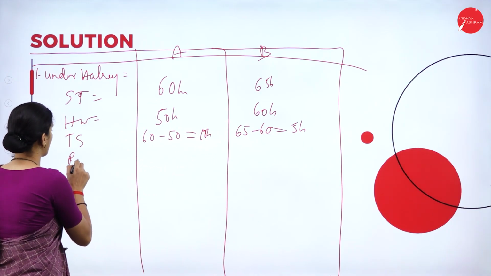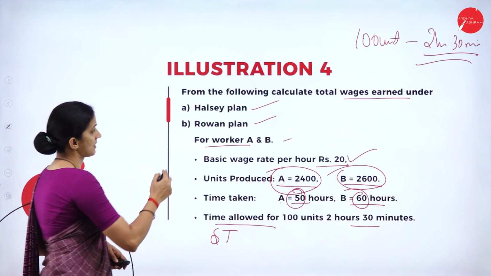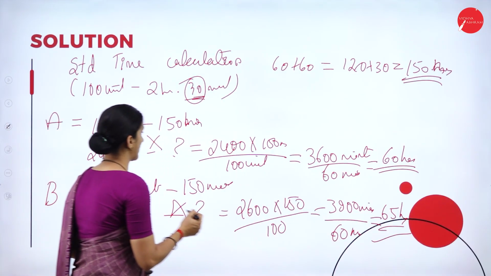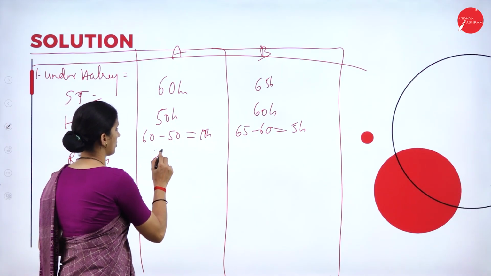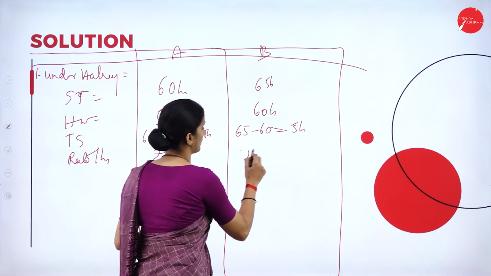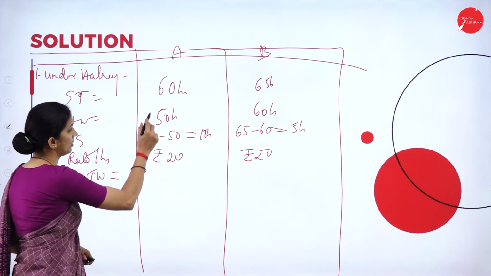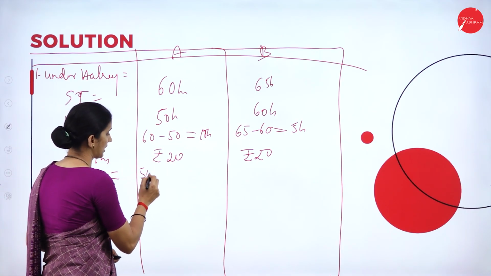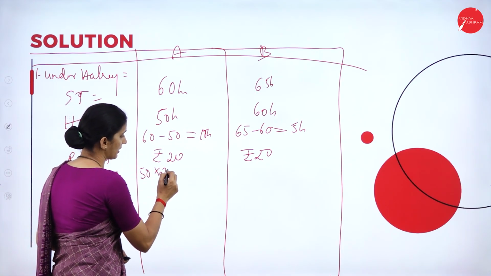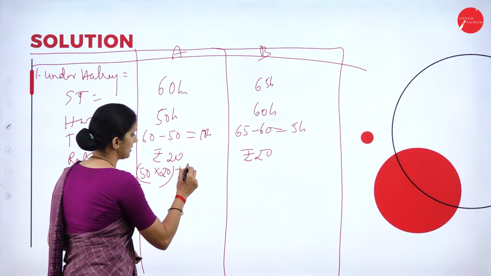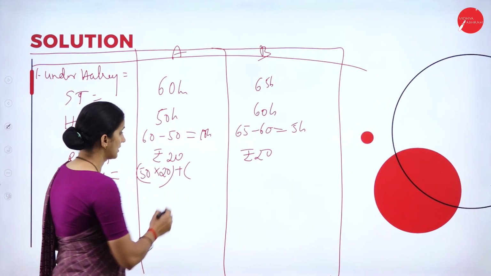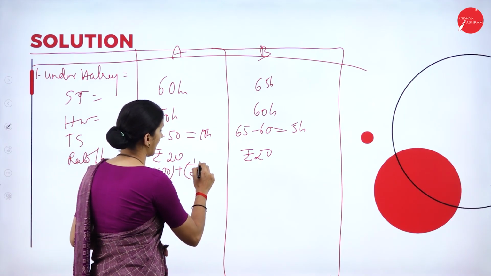And then you need the rate per hour. The rate per hour is rupees 20. So the total wage is equal to hours worked, 50, into rate per hour, 20, plus your bonus, that is half of time saved.